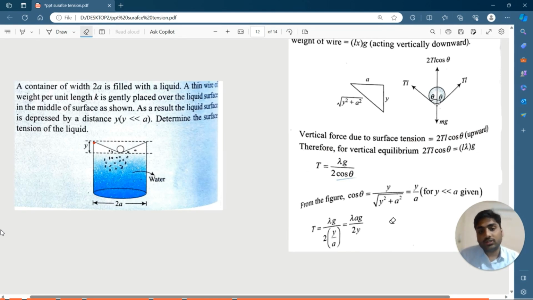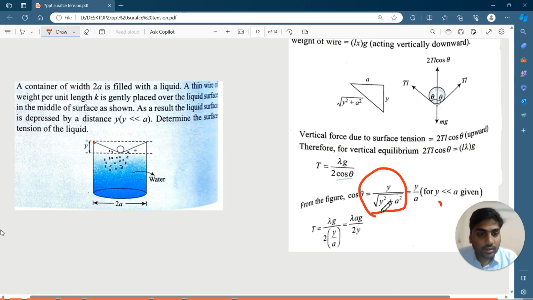So cos theta is y upon root under y square plus a square, for y less than a. I will explain this, okay? See, why has it been written as y by a instead of y by root under y square plus a square?